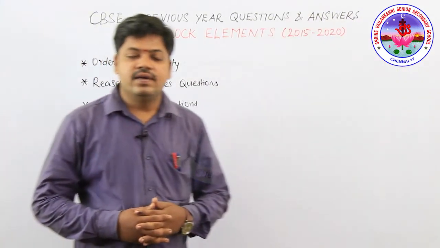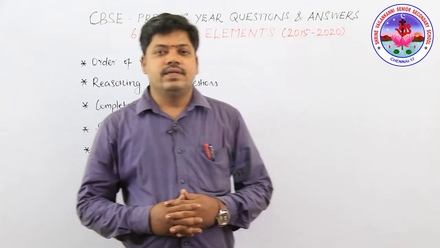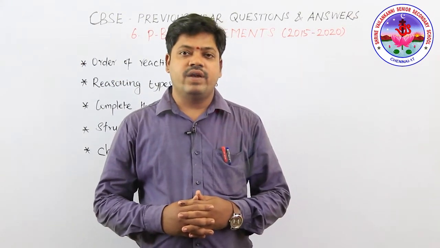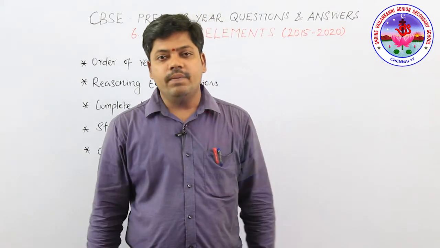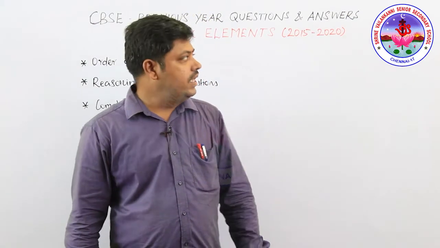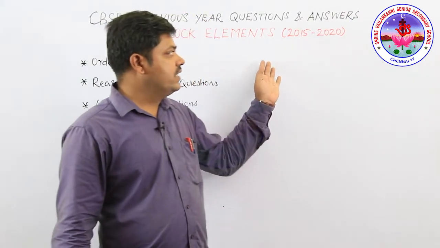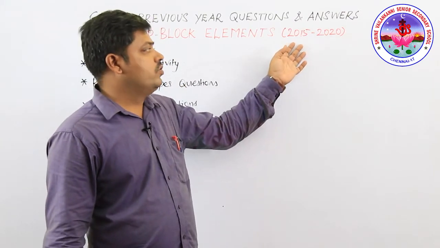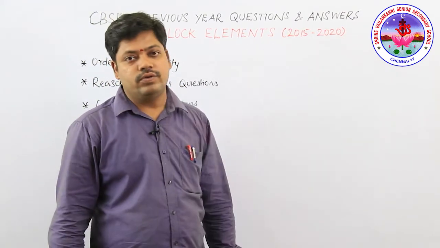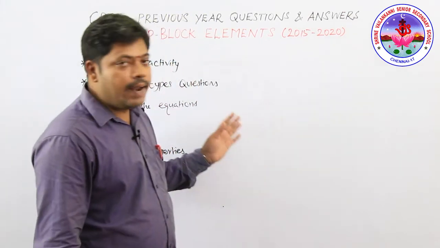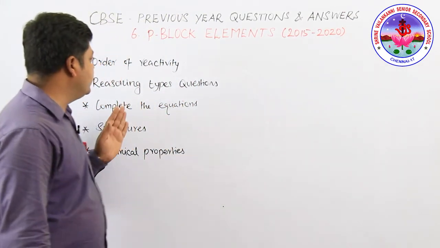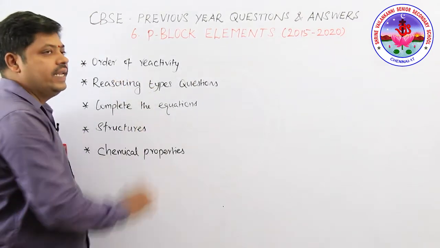Hi students, today we are going to discuss inorganic chemistry. The chapter name is P block elements. The question papers we are going to discuss are 2015 to 2020 questions and answers. In this chapter you have to mainly concentrate on the order of reactivity.